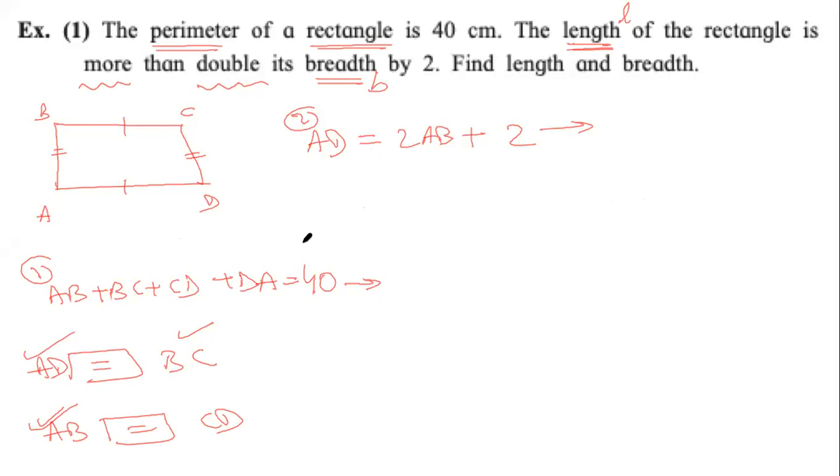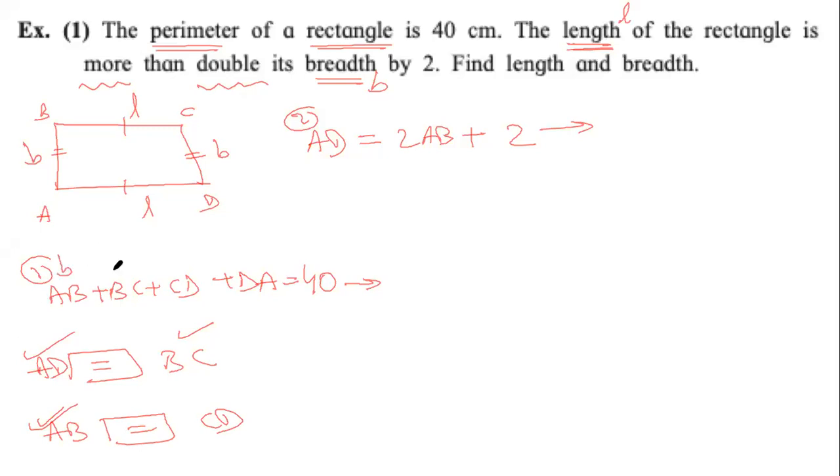Now, if we generalize it using variables, we know that AB is becoming B because we said breadth is B, CD is B. Similarly, BC is L and AD is L. Now we know these things.